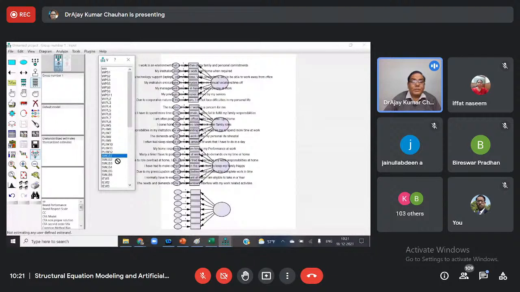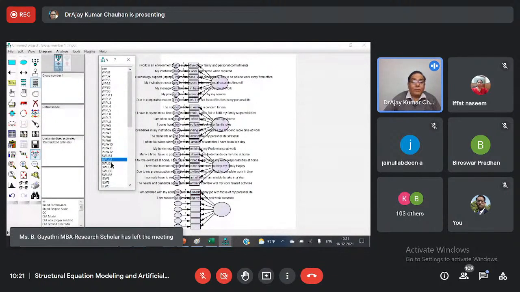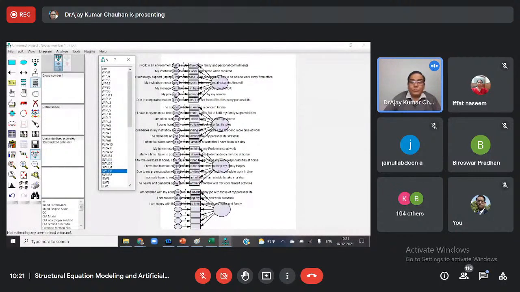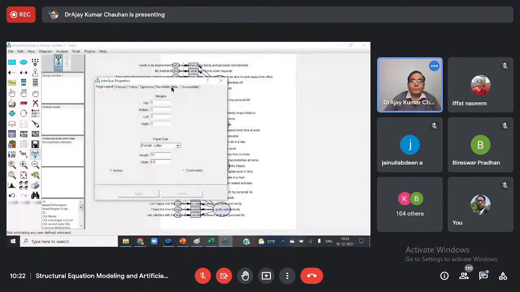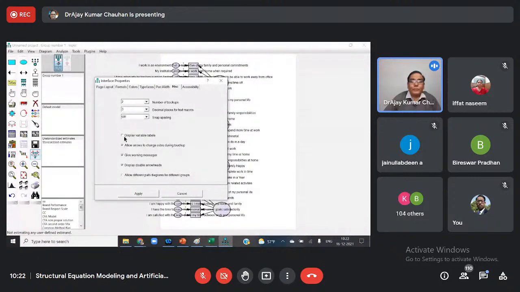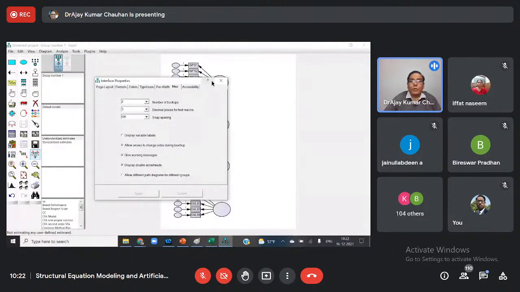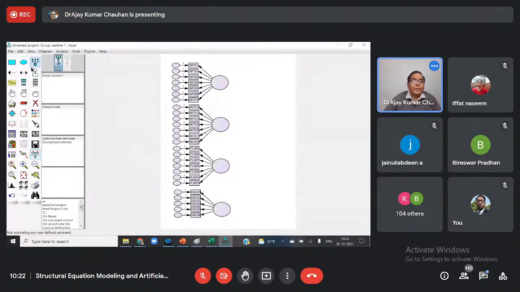Let's take only this. And this is SWLB. The full form I forget. It only has 5 statements. So this is a second order scale of work-life balance, and I'm going to check its validity. If you remove this, then you can see all items very clearly.